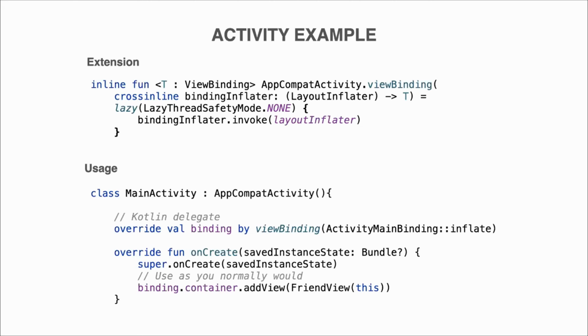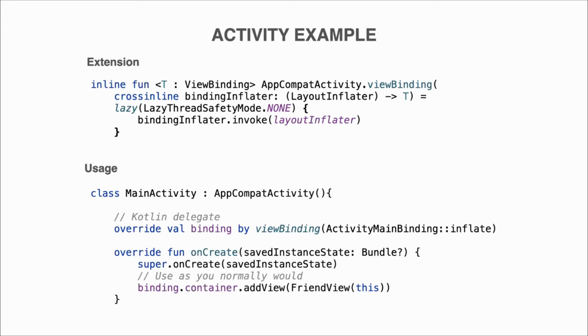You can see a real example in the main activity here of using this extension. I'm instantiating my binding by the ViewBinding extension, and I'm passing the reference to ActivityMainBinding, because that's the name of the generated binding class.